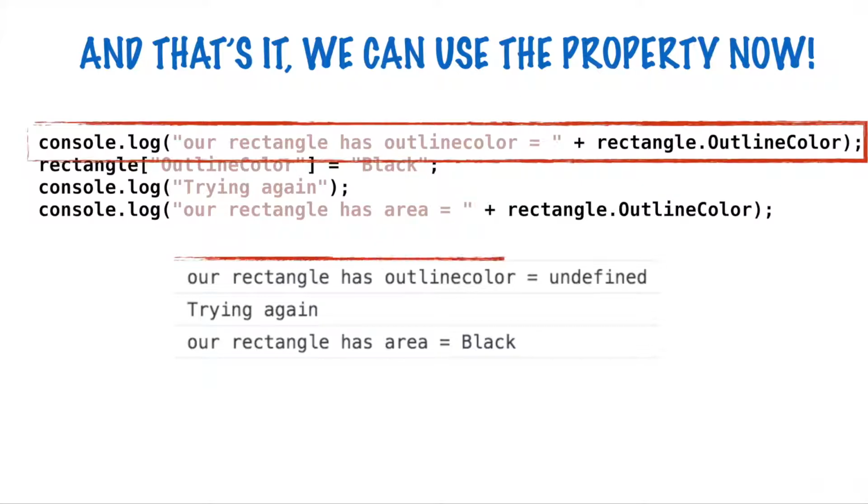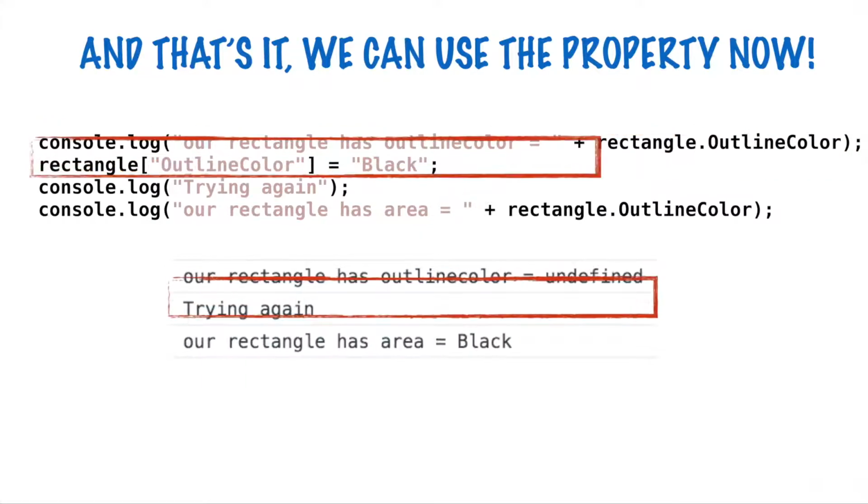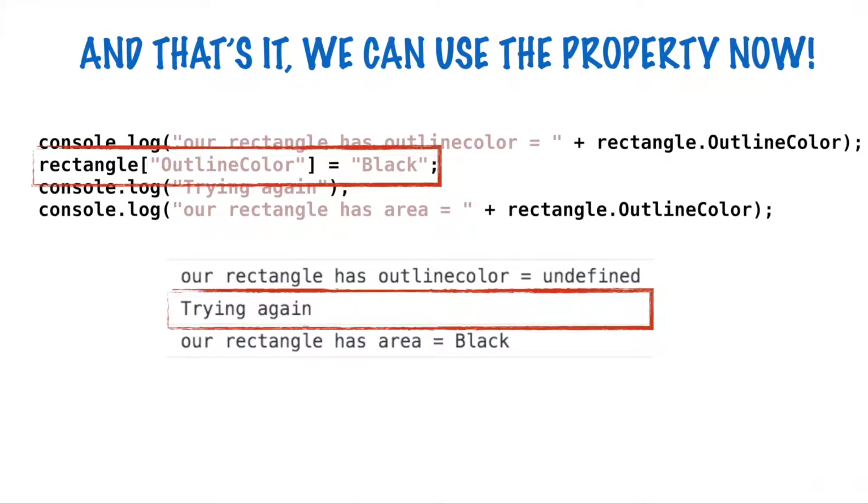So the first log is actually undefined. The first console.log for the rectangle.outline color property shows undefined on screen. That's because that property does not exist yet. This is correct, it's valid. We add this property on the fly. So we say rectangle square brackets outline color is equal to black.